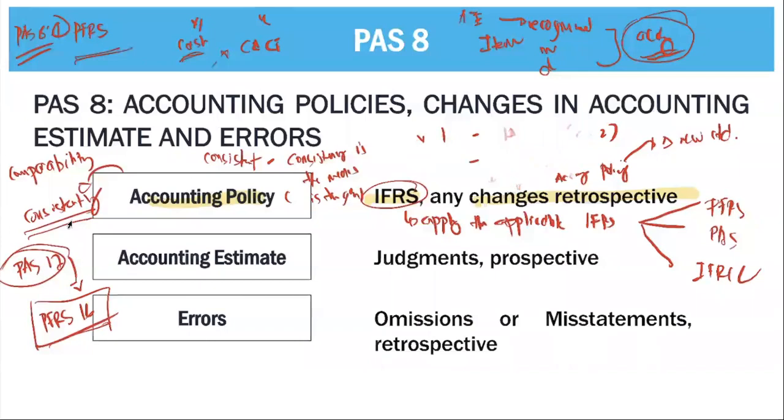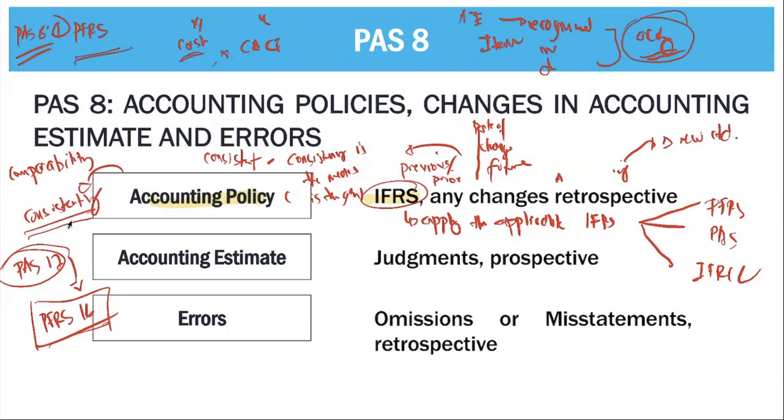It means that if this is the date of change, it applies to previous or prior periods and also future periods. So whenever you hear the word retrospective adjustment, it means that you will adjust the previous years, including the future years.